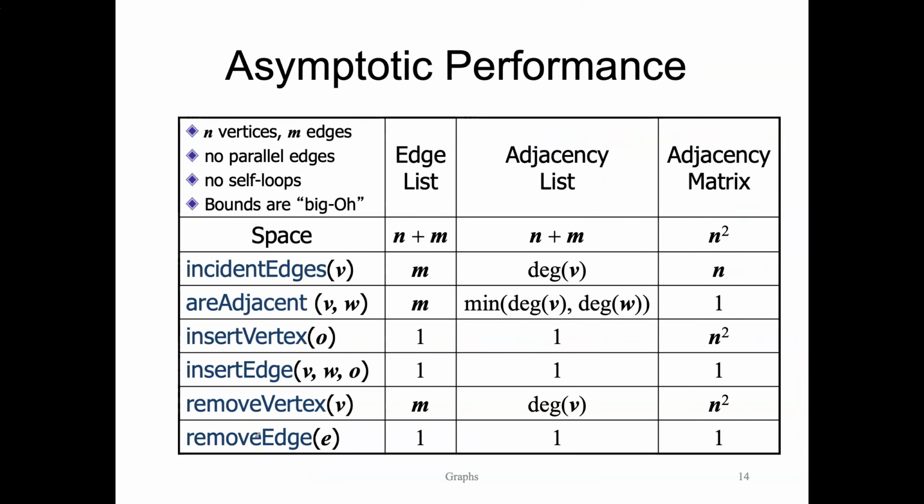Okay, so this is just a summarization of those operations that I mentioned on the previous slides. So definitely we won't use an edge list because for no additional space we can improve some operations. We could use an adjacency list then, or an adjacency matrix.